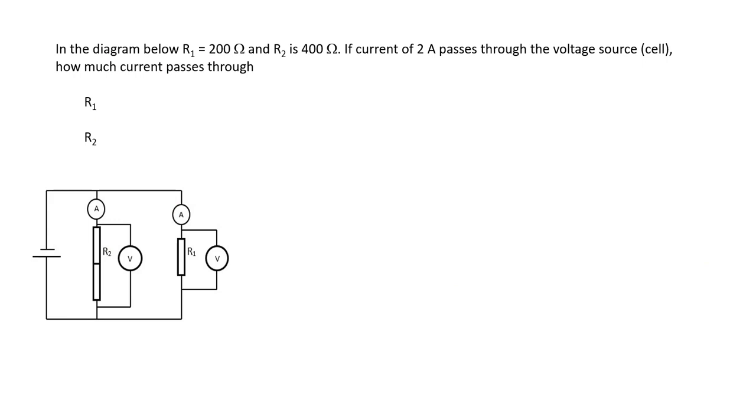Current of 2A passes here. But we want to find current passing through R1 and R2. We want to determine current passing through here and current passing through here. How do we solve this? We go back to our ratios.